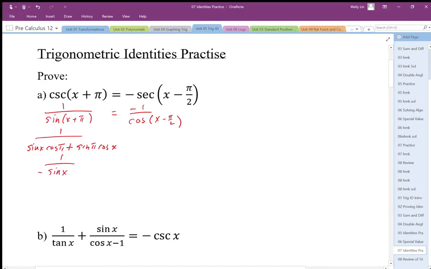Okay, well, I kind of knew that when I did this here, because I'm basically going to the other side of the circle. Sine is vertical, so the vertical is going to be opposite. It's going to be the negative of whatever we started with. On this side here, I'm going to apply the sum identity for cos, so it's cos cos, and since it's minus, it's going to do plus sine sine.